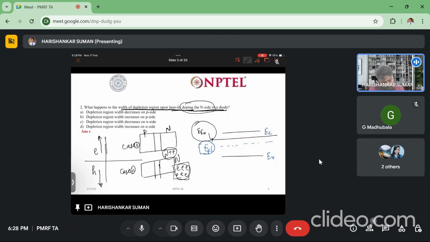You can see the answer. What is the answer? Depletion region width increases on the N side. Something like that. Why is this happening?